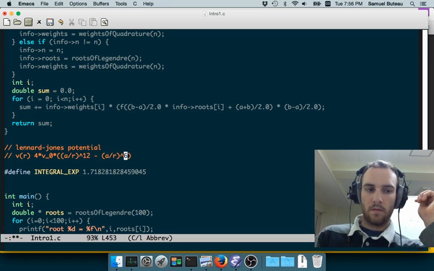Okay, and I forgot the equal sign there.